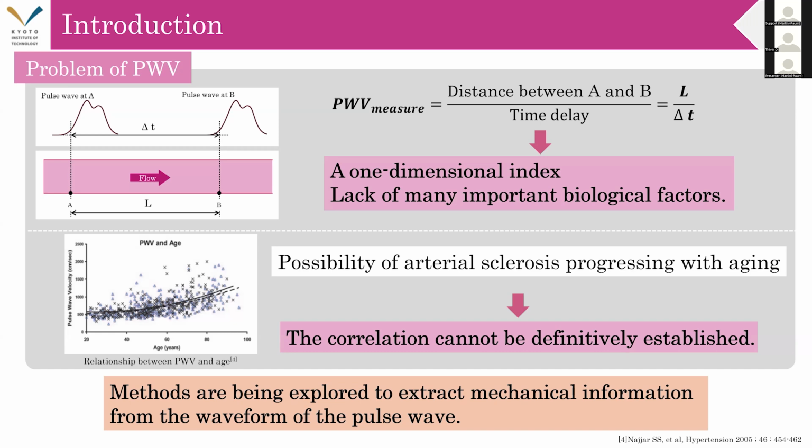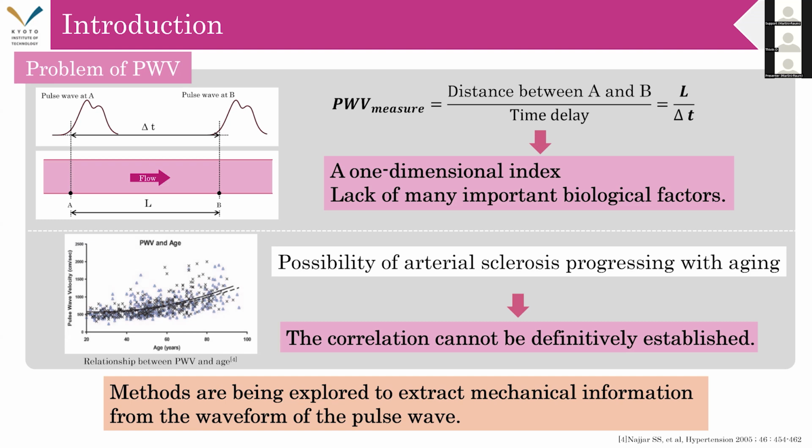Furthermore, this figure shows a relationship between PWV and H. It suggests that there is a correlation between PWV and H, indicating the possibility of atherosclerosis progressing with aging. However, the relationship between PWV and H shows considerable variability, and it cannot necessarily be said to be consistently correlated.